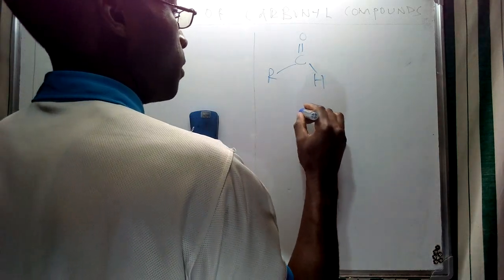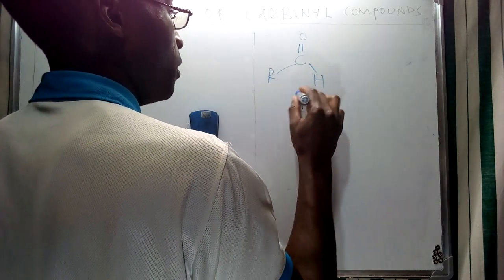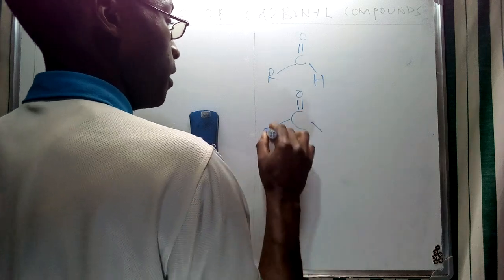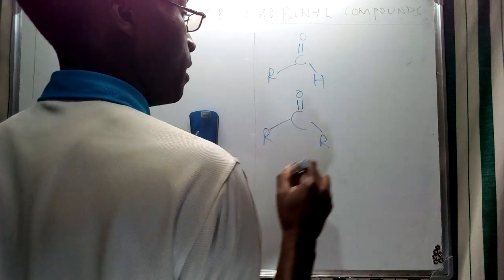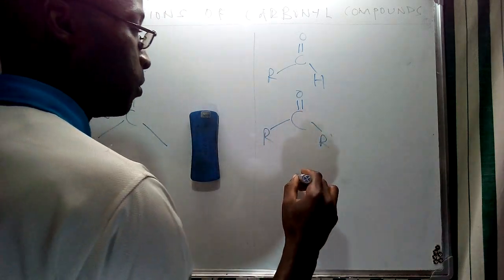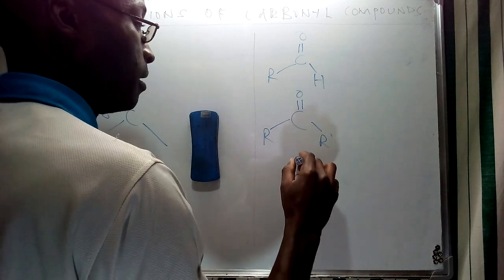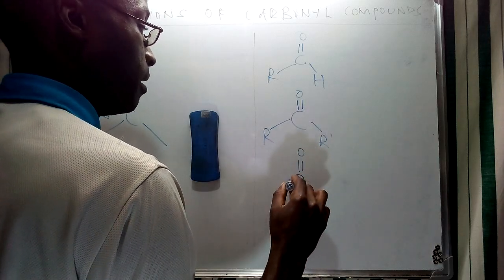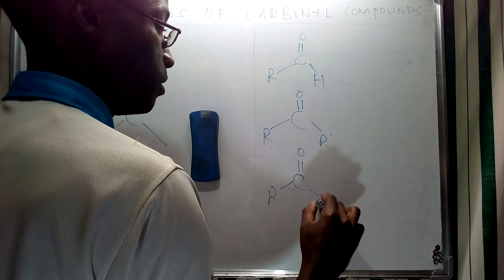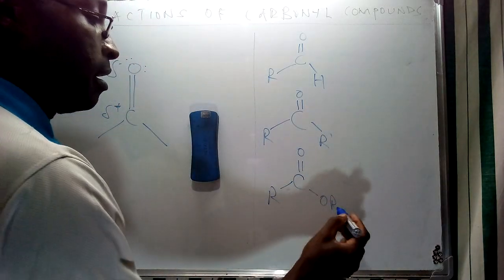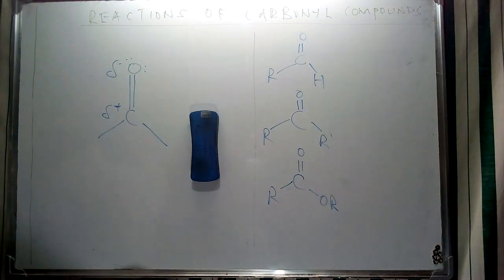And the second class of compounds which can be regarded as carbonyl compounds are the ketones. Then we said that we can also represent what we refer to as carboxylic acids using this specific representation. And this also forms part of what we refer to as organic compounds.